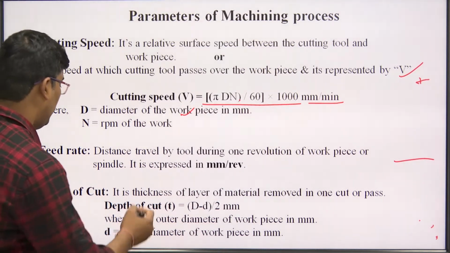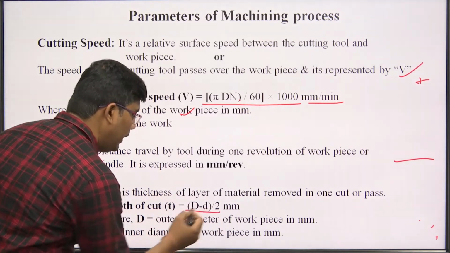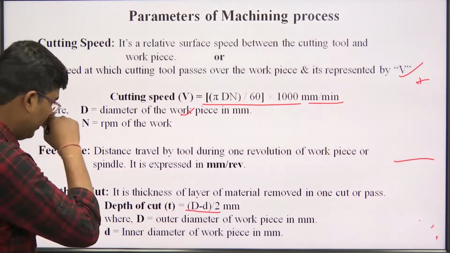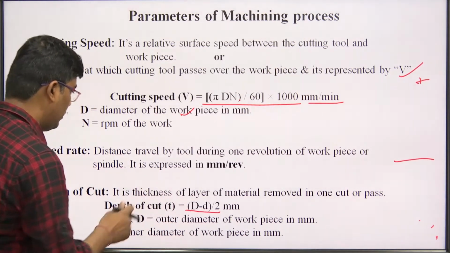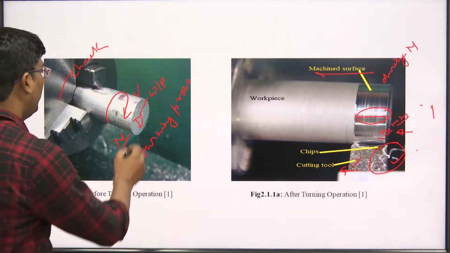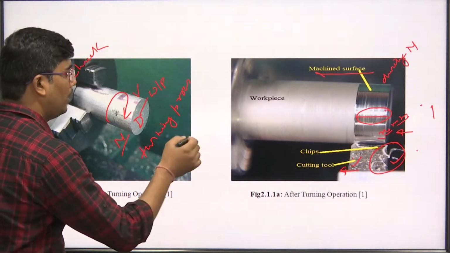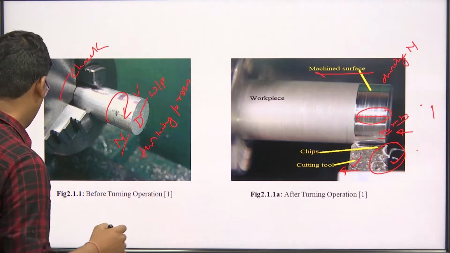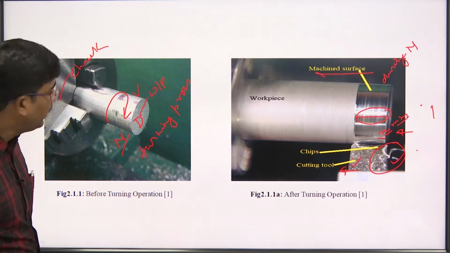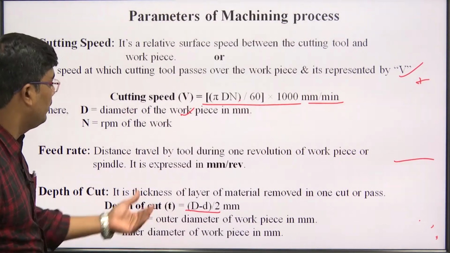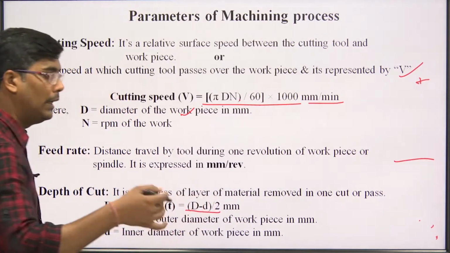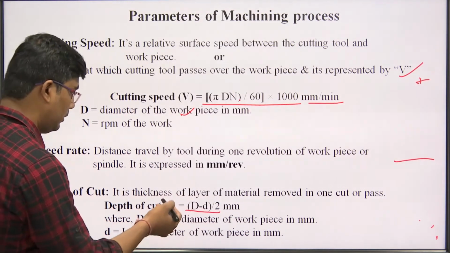It is calculated by (D minus small d) by 2, where D is the initial diameter and small d is the final diameter. So, after machining, we obtain a new surface, and that diameter will be reduced by a delta in terms of thickness.